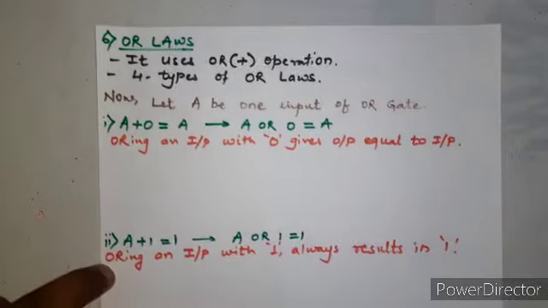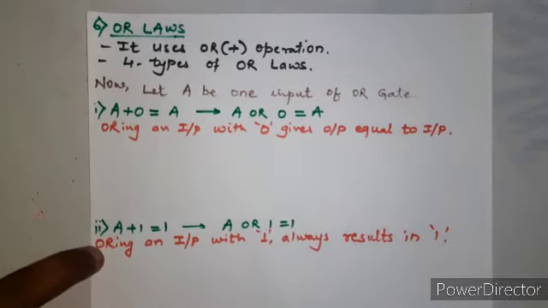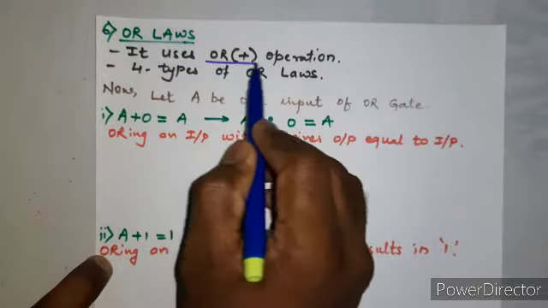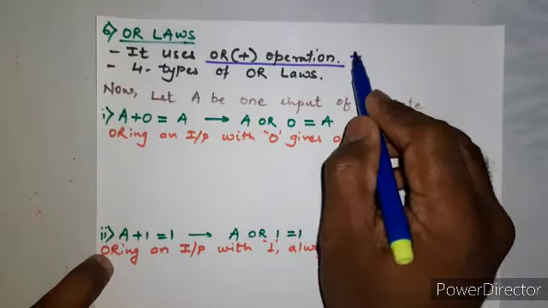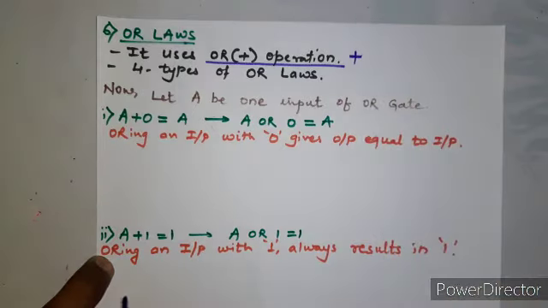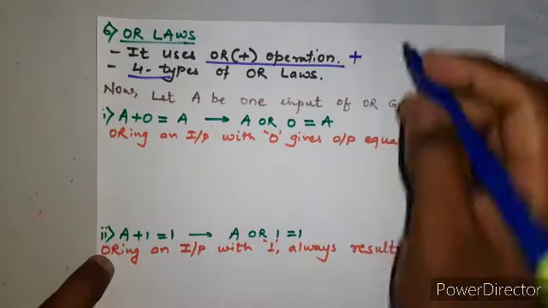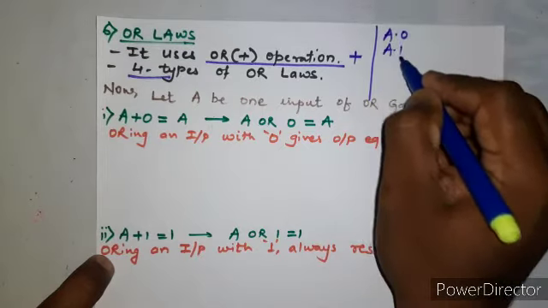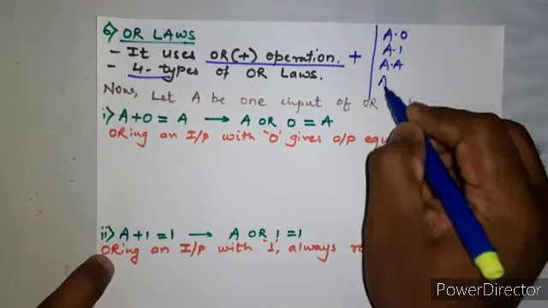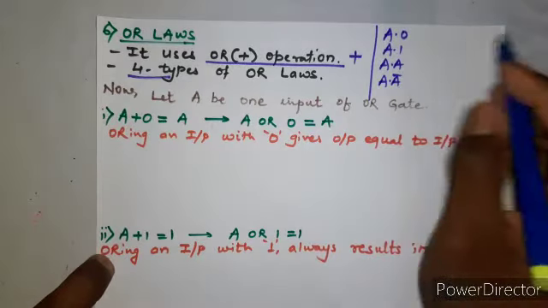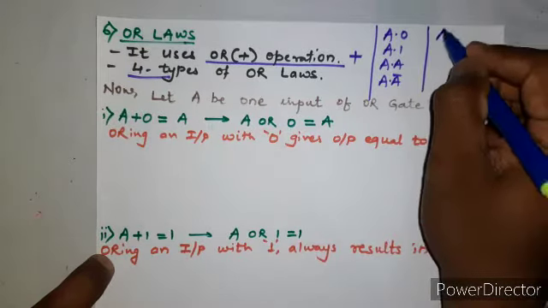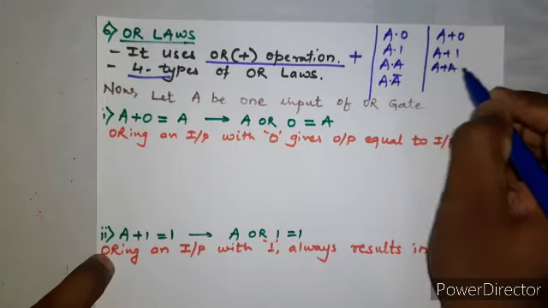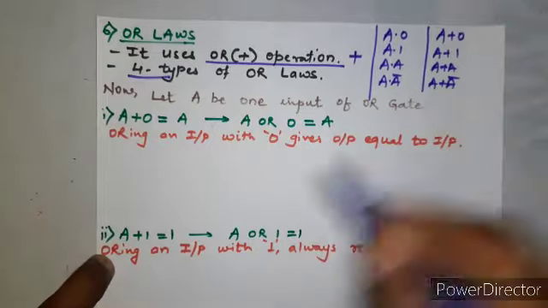Same is the case for these ORing laws. Now for these OR laws we use the OR operation, which is represented as plus. Again we have 4 types. We have seen for ANDing A dot 0, A dot 1, A dot A and A dot A bar. Same we are going to see for OR: A plus 0, A plus 1, A plus A and A plus A bar.